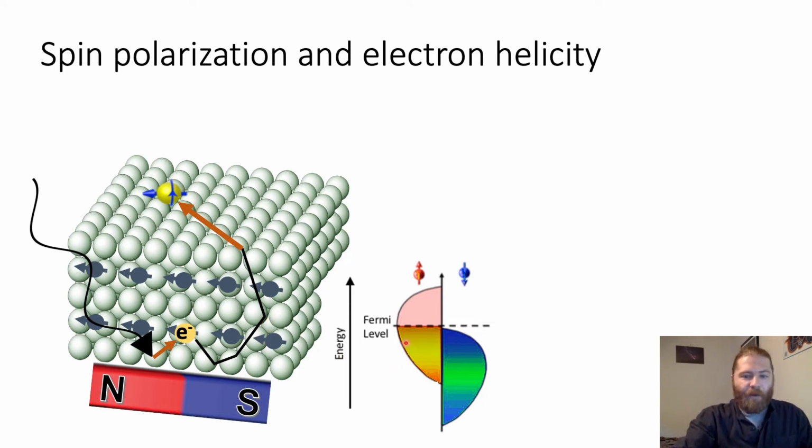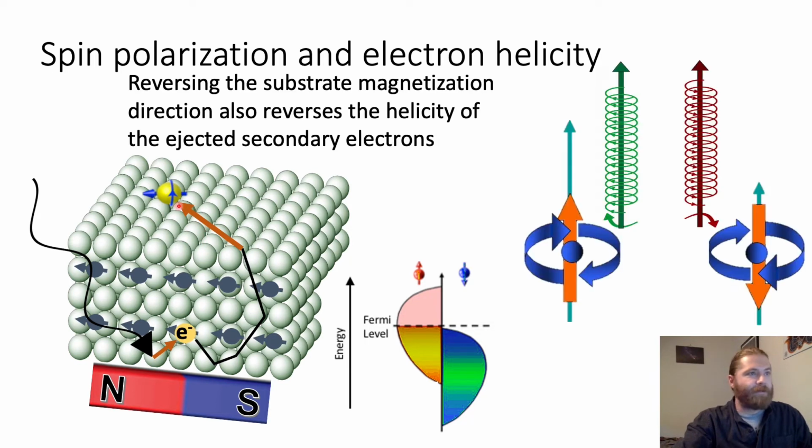Because of the polarization or the magnetization of that surface, you have an unequal filling of the Fermi energy levels within the solid, and you get preferential scattering off of the slightly emptier levels. That leads to a preferential polarization direction of the emitted secondary electrons from that surface.